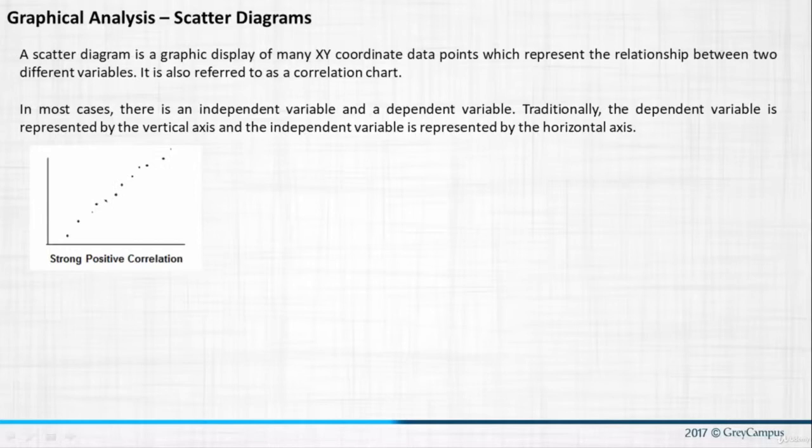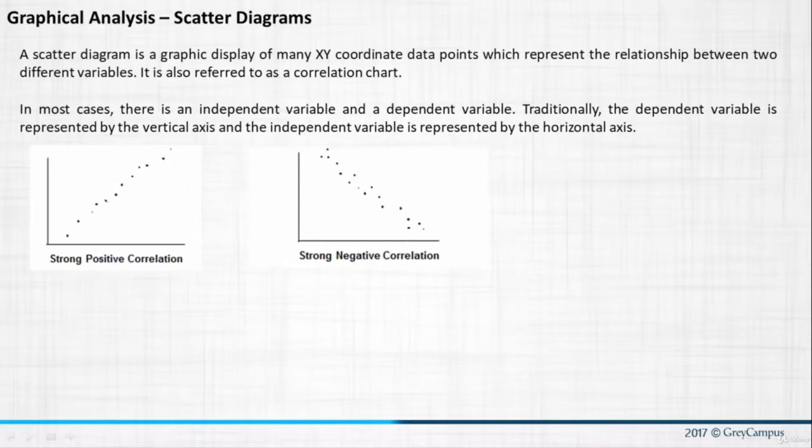So if we have strong positive correlation, we're going to have a very tightly grouped upward sloping line of those data points. Now, with a scatter diagram, we're allowed to have multiple y values for any given x value. Therefore, we do not connect the dots in a scatter diagram.